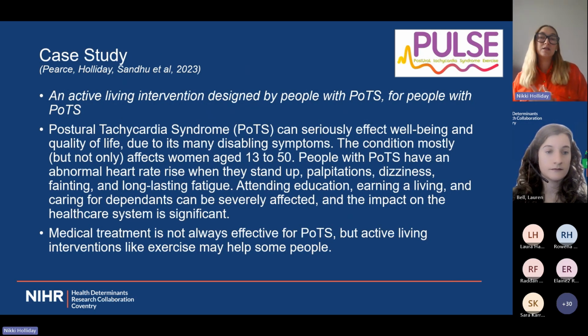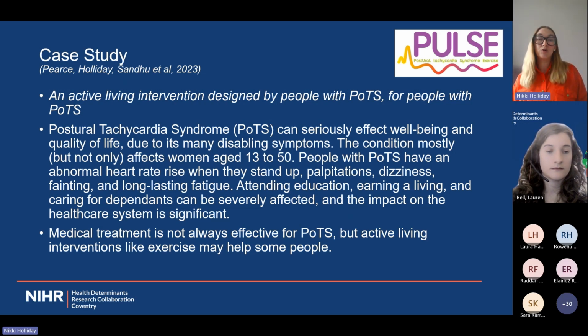So let's move on to a case study where I've used PPI. This was the PULSE project. PULSE stands for Postural Tachycardia Syndrome Exercise. The aim of this project was to develop an active living intervention designed by people with POTS for people with POTS.